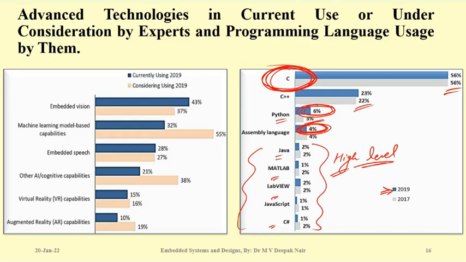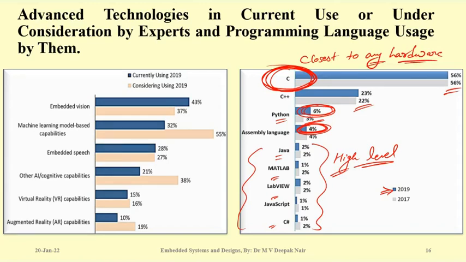So this C is after assembly language or machine language. This is the closest language to any hardware, be it your computer itself. I will demonstrate that C is very close to your hardware itself.